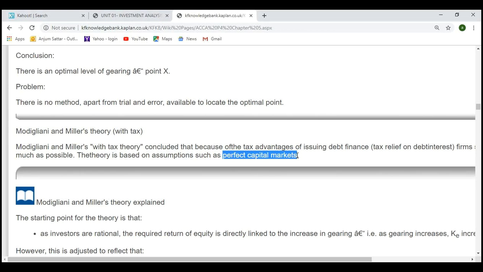Any company can join in and can leave, and the market price is decided by market forces. That's the perfect market, which in the real world does not exist, because somewhere the government can intervene. Government can increase the tax rate, and government can reduce the interest rate.